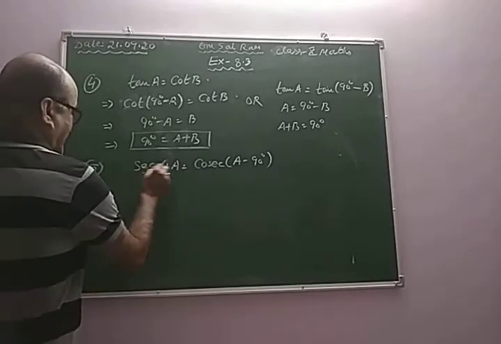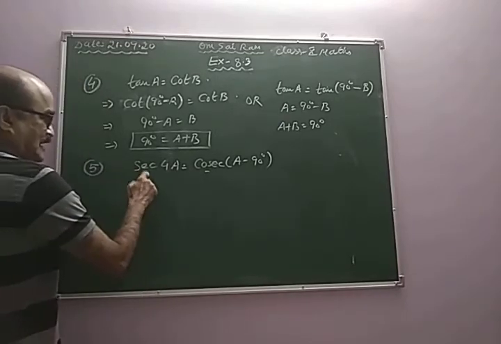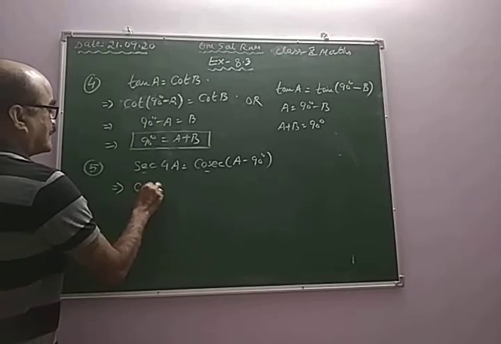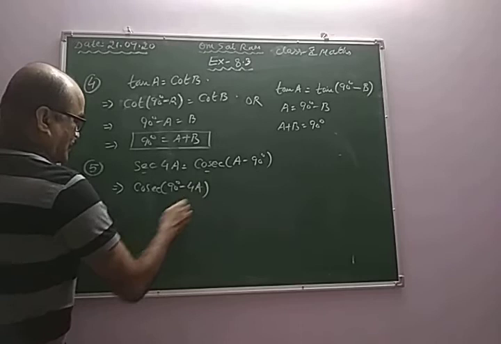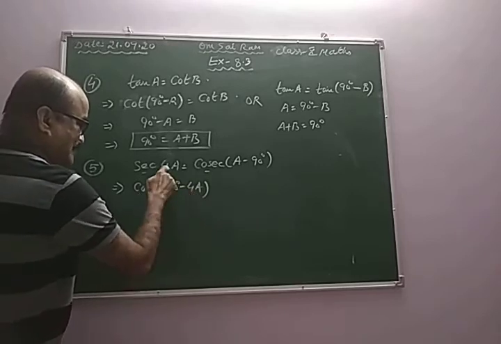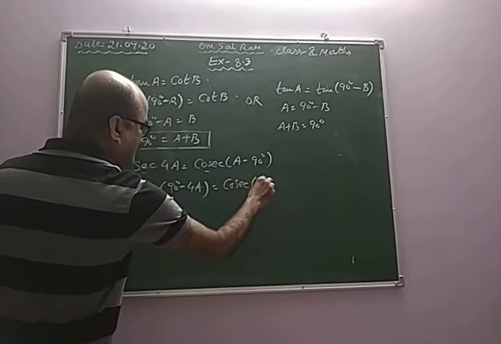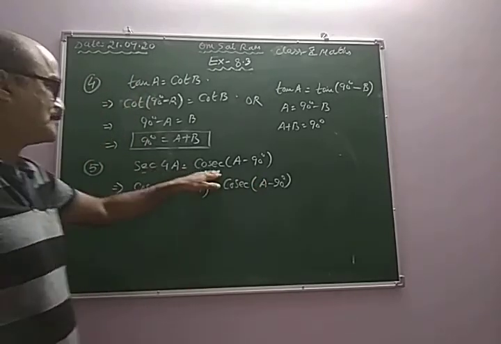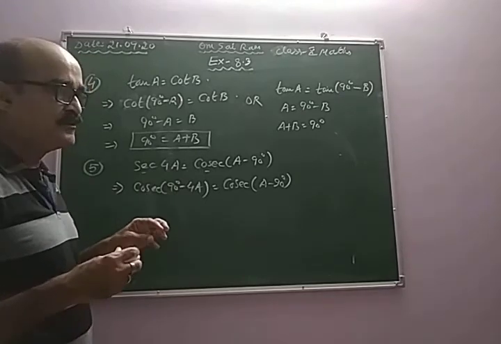So sec and cosec, either you can change this or this. So I am changing sec into cosec. How will you change? Cosec of 90 degree minus 4A, because cosec 90 minus theta is equal to sec theta, and this cosec A minus 90 will remain as it is. Right? So in all such problems, what is our main motto?